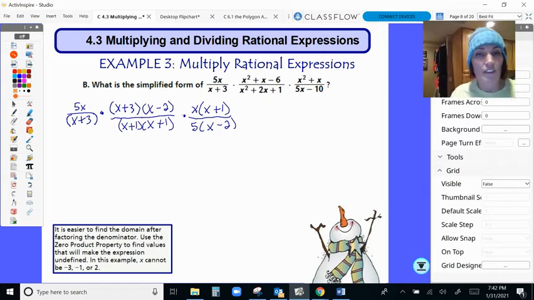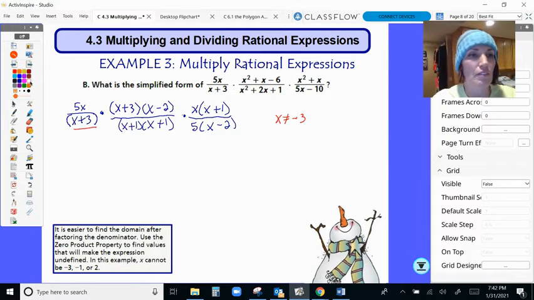Okay, now everything is a factor, right? 5x times x plus 3 times x minus 2 times x plus 1, over x plus 3 times x plus 1 times x plus 1 times 5 times x minus 2. So everything's factors. We want to identify our restrictions right now. So x cannot be equal to, over here, -3.